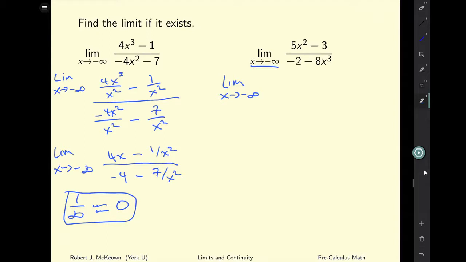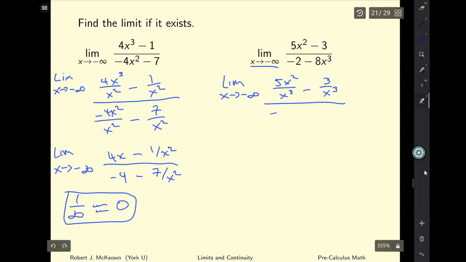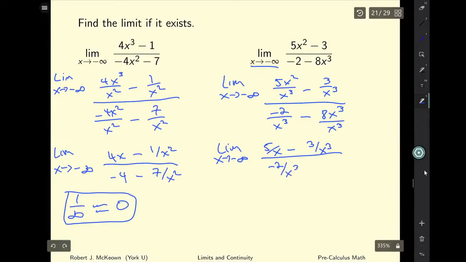I've got 5x squared over x cubed minus 3 over x cubed, divided by negative 2 over x cubed minus 8x cubed over x cubed. Now I'm going to simplify. And I get 5 over x minus 3 over x cubed, divided by negative 2 over x cubed minus 8.